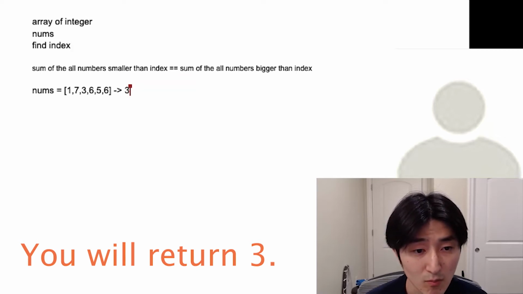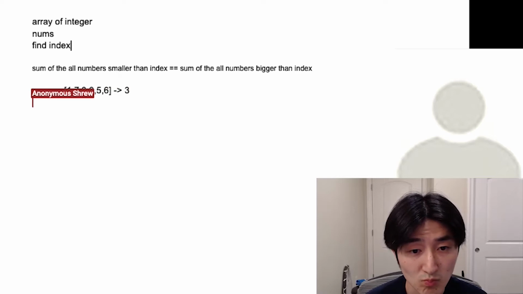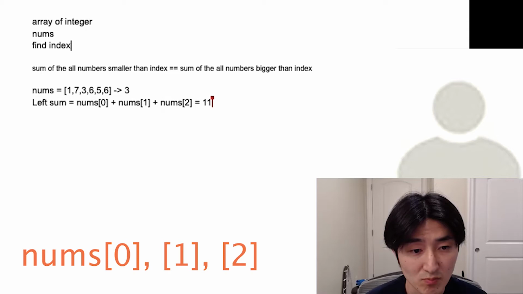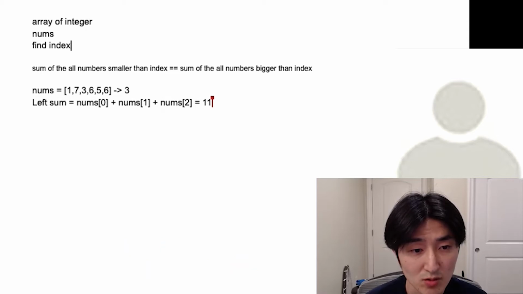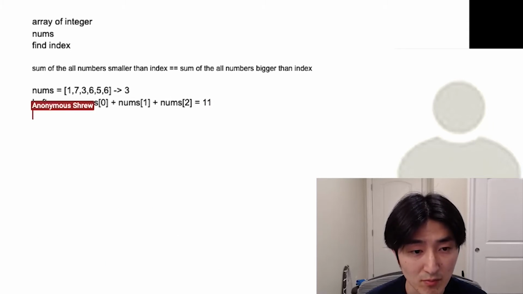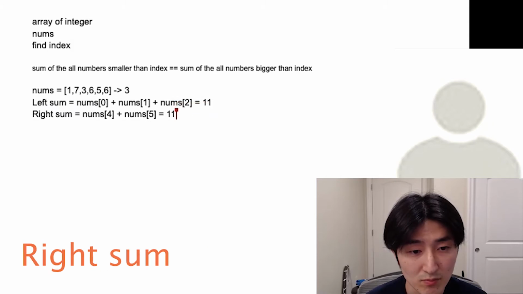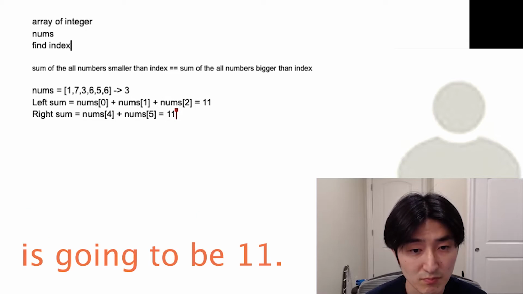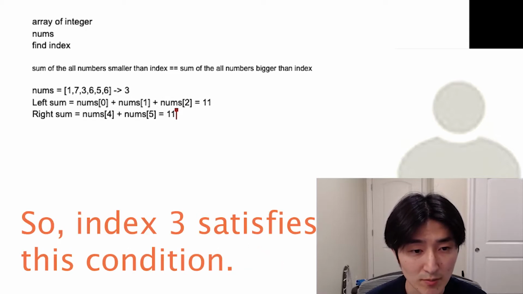Because the left sum, of numbers 0, 1, 2, is going to be 11. At the same time, the right sum of the numbers 4 and 5 is going to be 11. So index 3 satisfies this condition.